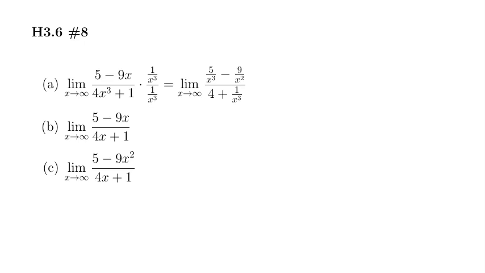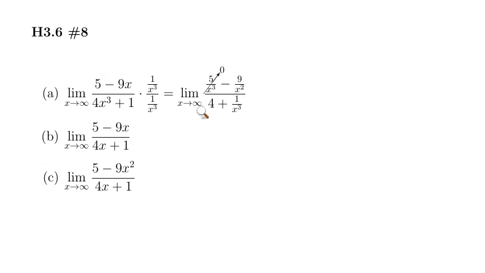So we know that this guy goes to 0, and this guy also goes to 0. And the last one, 1 over x cubed, also goes to 0.